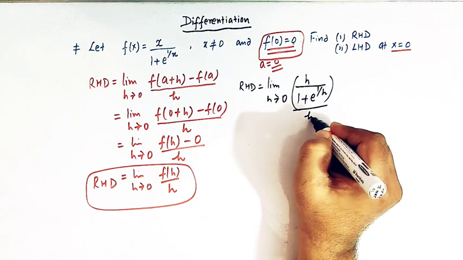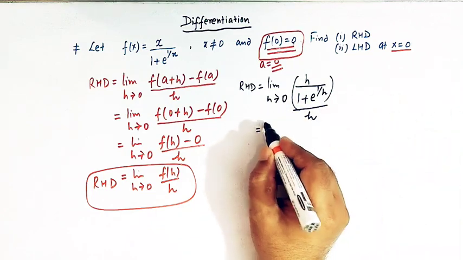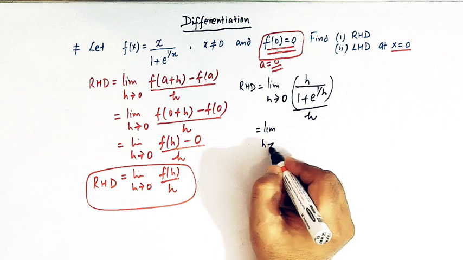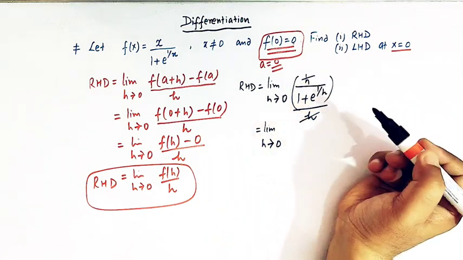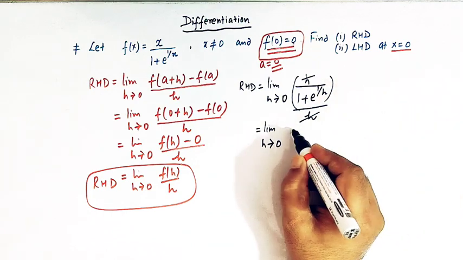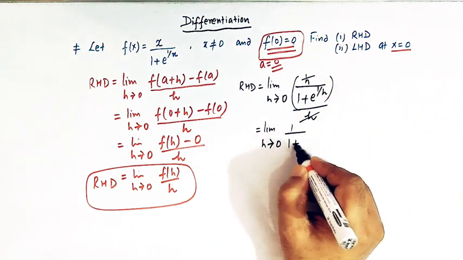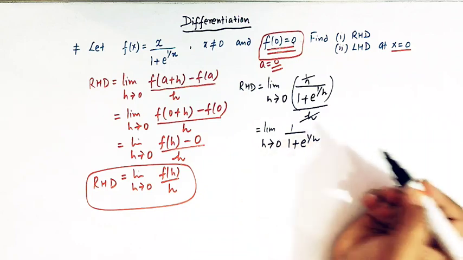This h and this h get cancelled, so we have 1 over 1 plus e raised to 1 over h.